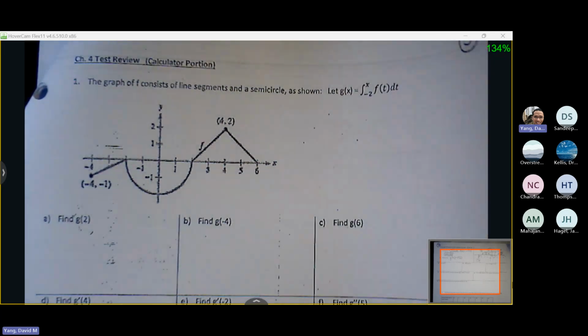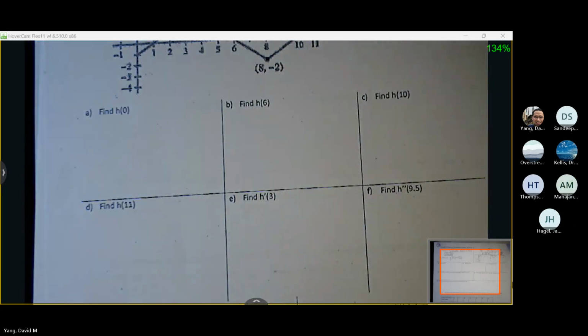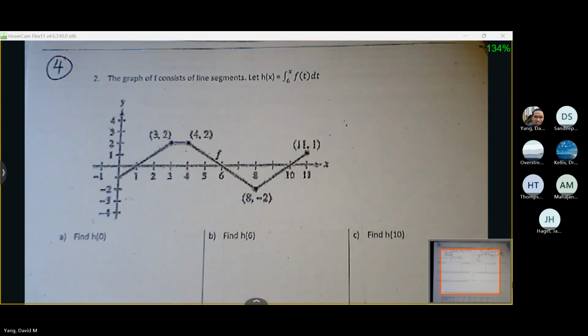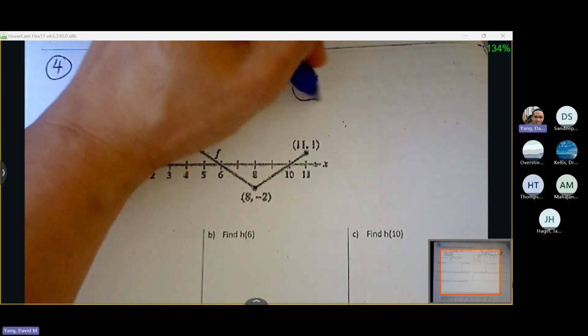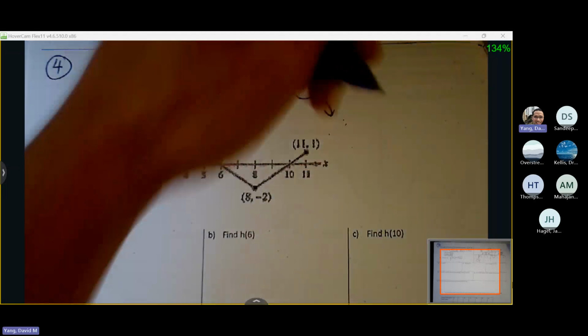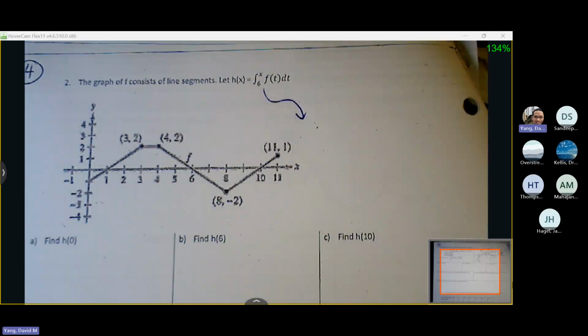It's the same process. So I would start off by building out your H prime and H double prime. Let's get those all lined up, because then we can refer to them as we go through our problem here.